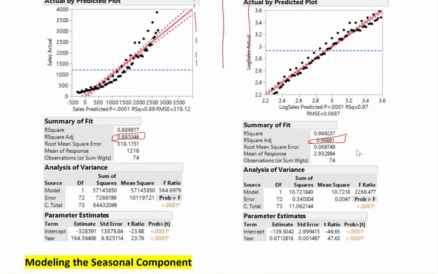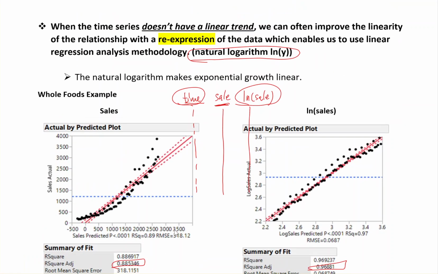So you can see that this model is much better than this model, right? So remember, in time series, you cannot use a linear regression to model a non-linear trend. Right, so this is very, very important.